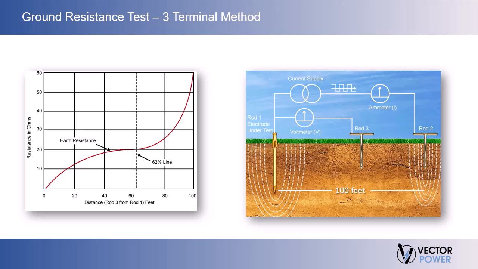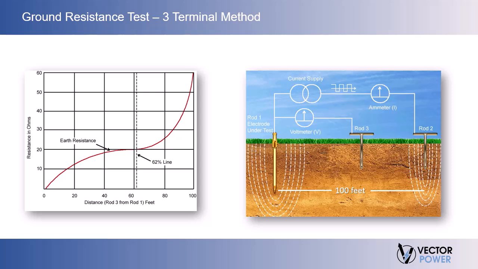We can call rod 2 our current reference probe and rod 3 our potential reference probe. The correct resistance is usually obtained if a potential reference is placed at a distance from the center of the earth electrode under test at about 62% of the distance between the earth electrode under test and the current reference probe.